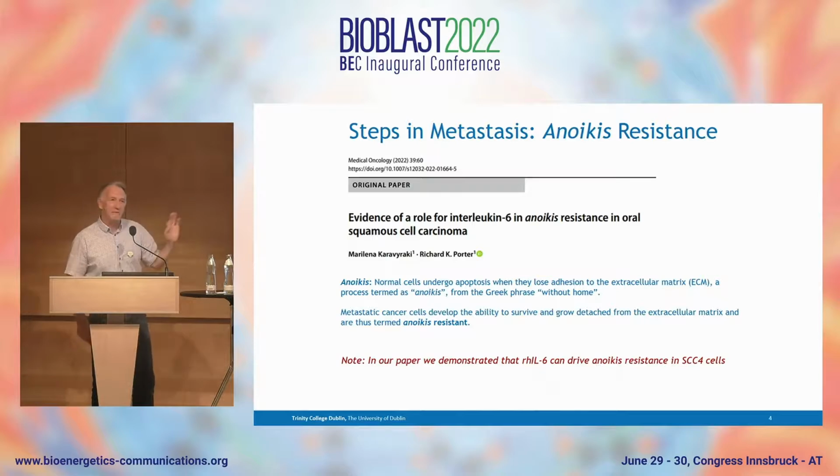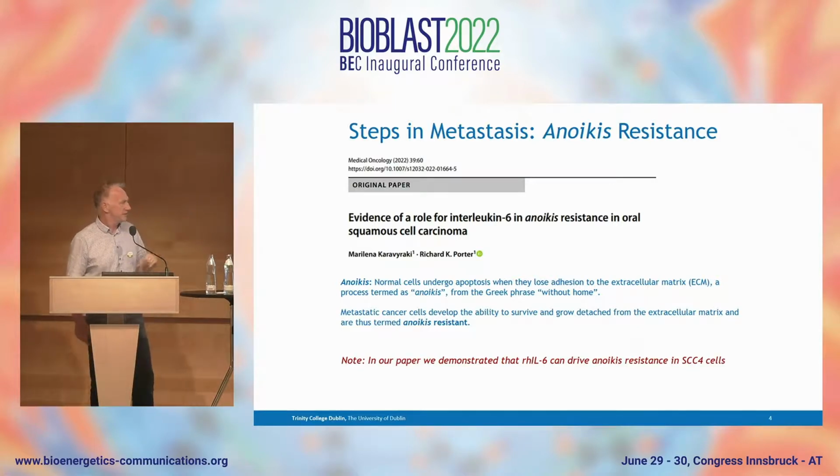Keeping on the theme of metastases, one of the indices that we measured, but I'm not really going to talk about, was anoikis resistance. Anoikis resistance is a prerequisite for metastases. What is it? Anoikis describes how normal cells undergo apoptosis when they lose adhesion to the extracellular matrix, a process termed anoikis from the Greek phrase meaning without a home.